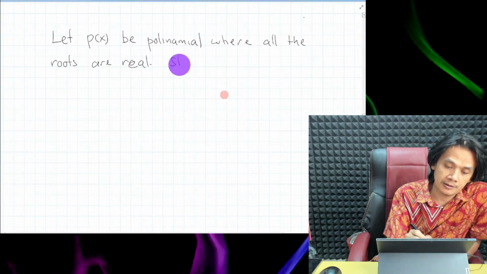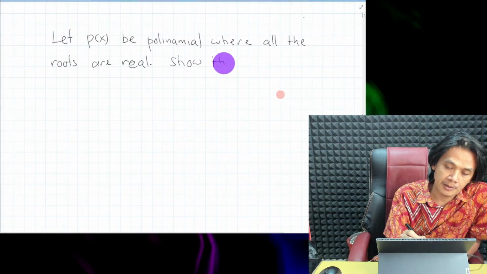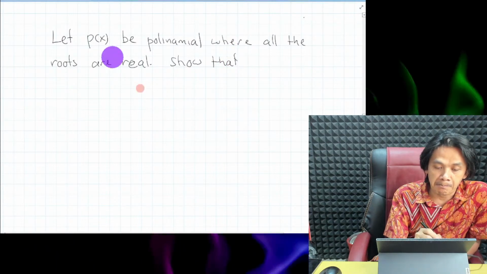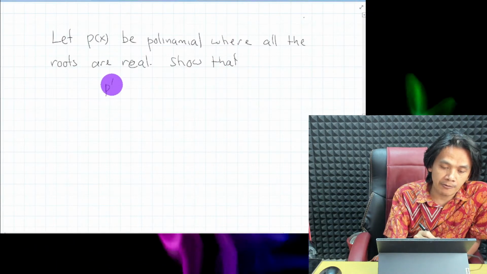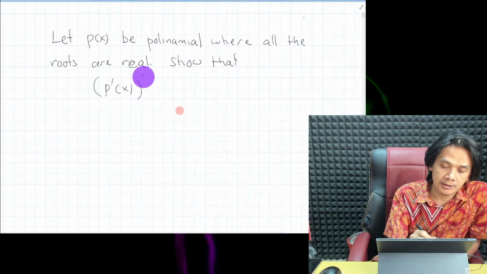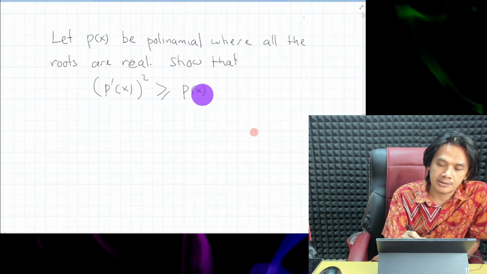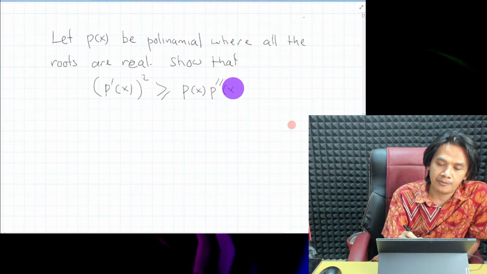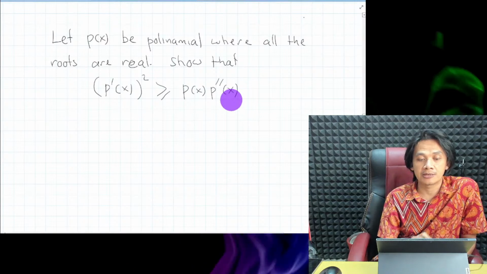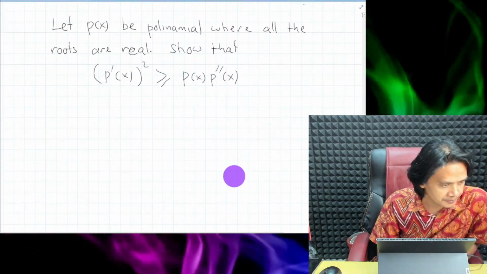Show that p prime of x squared is greater or equal to p of x p double prime of x. Okay, so here is the problem.